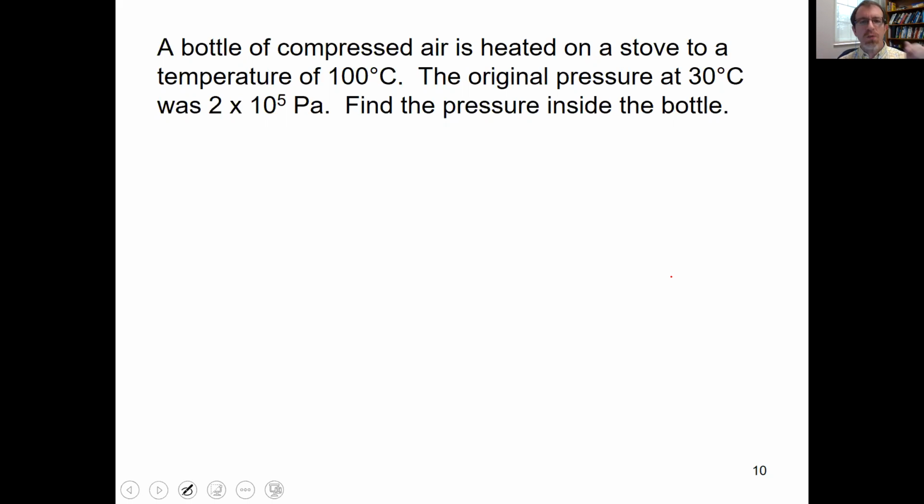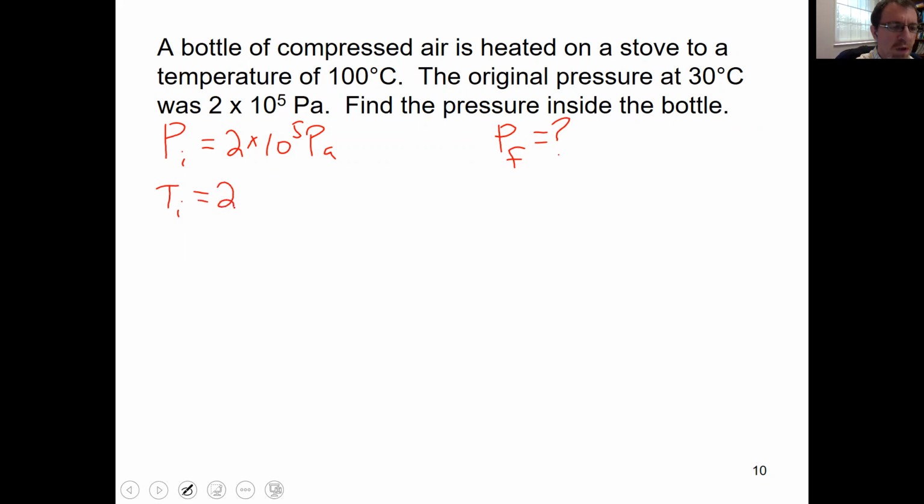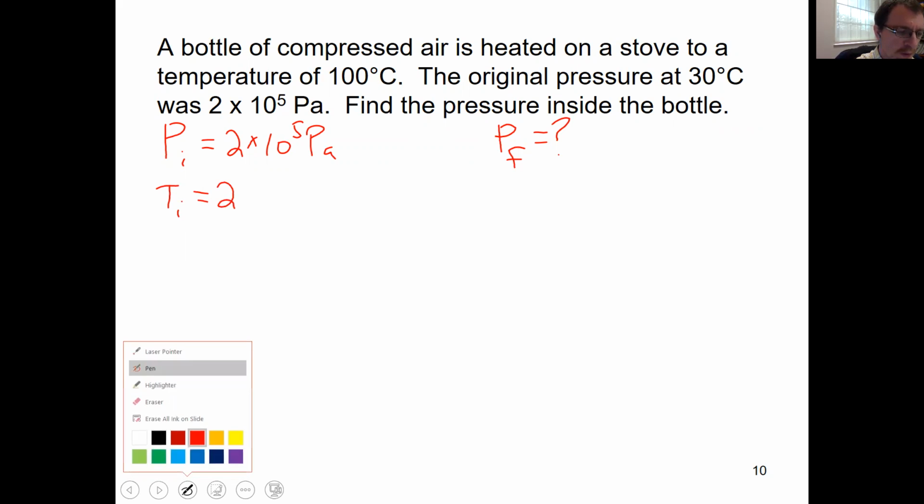What are we asked for? We're asked for the pressure inside the bottle. We're asked for what is the final pressure here. We're given the initial pressure is 2 times 10 to the 5th pascals. We're given the initial temperature is 30 degrees Celsius, my bad.